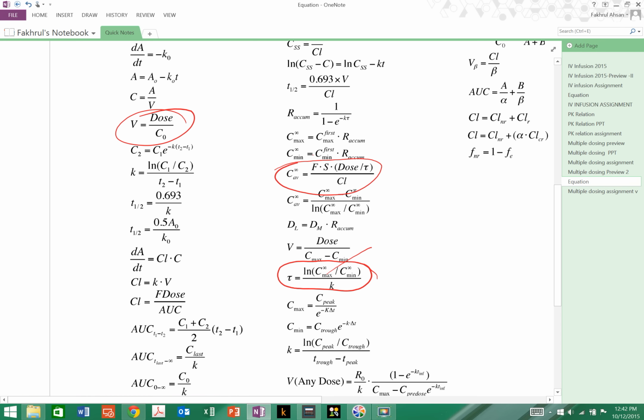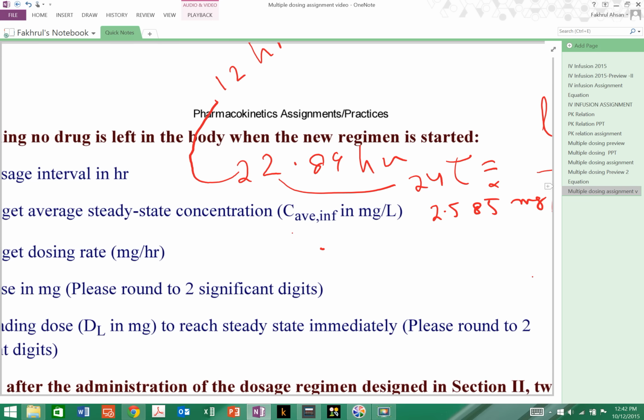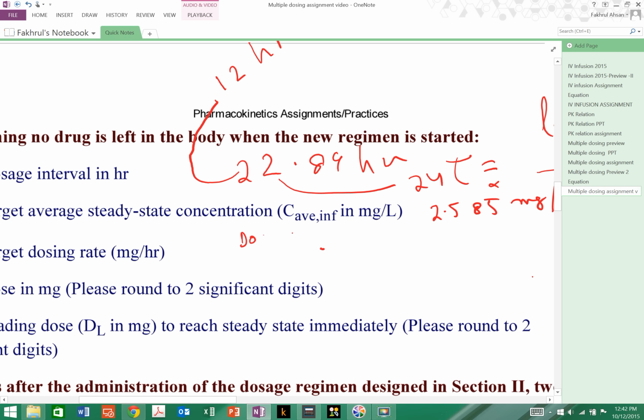In this equation, when I was teaching, we did not discuss this part, so you just disregard it. You consider S is equal to 1, F is equal to 1. So our equation in that case would be dose divided by tau over CL.